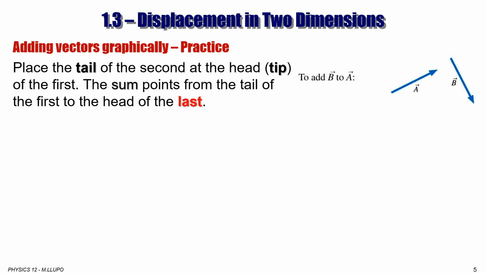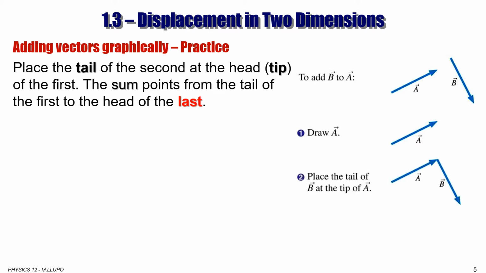One more time, you have 2 vectors. Now they are not starting from the same origin. Same thing. If they are not starting from the same origin, you leave one vector where it is and move only one vector parallel to itself and place the tail of vector 2 to the tip of vector 1.